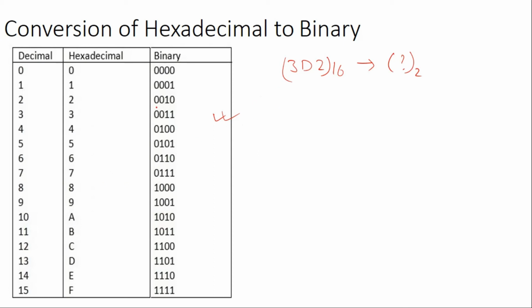So for 3 we will search, we have got this value 0011. For D we have 1101, we will write 1101, and for 2 we will write 0010. Okay, so this is in the binary number system.